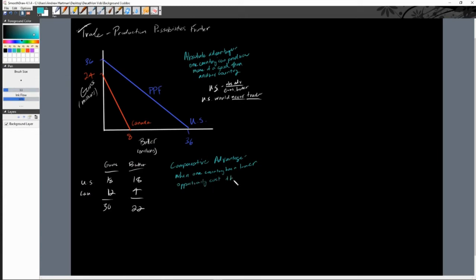Now, we haven't talked about this term opportunity cost in a while, but if you recall, opportunity cost is the concept of the next best alternative. And so opportunity cost in this model is very easy because the opportunity cost of producing guns is the foregone butter produced. And so the opportunity cost is measured directly in the amount it takes to produce the other good.